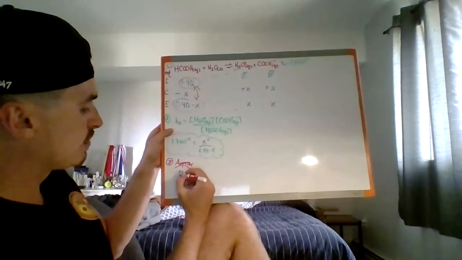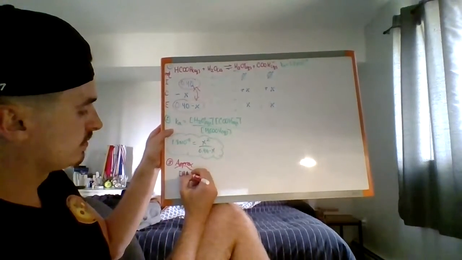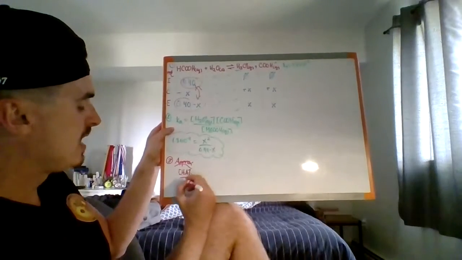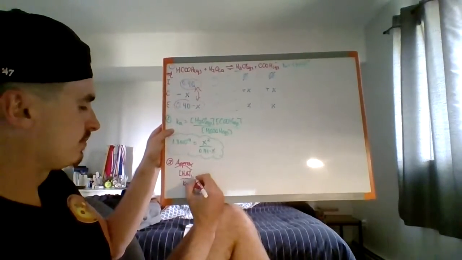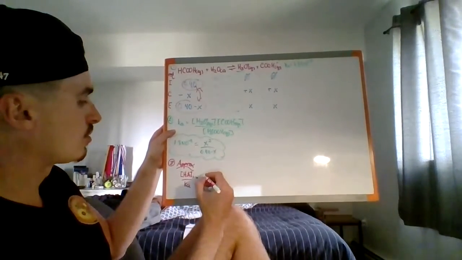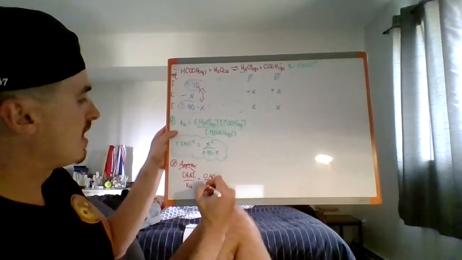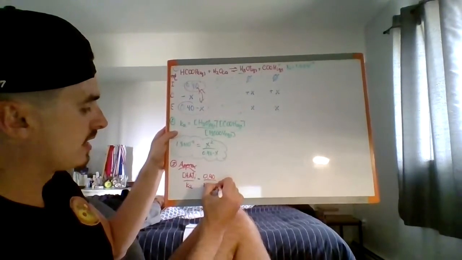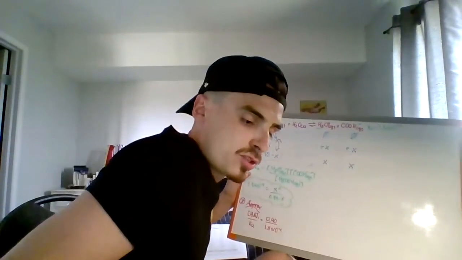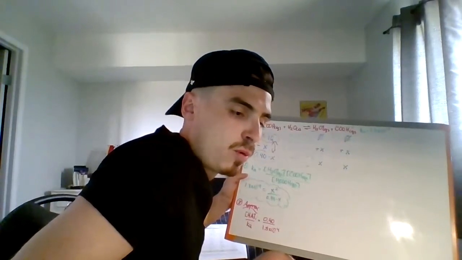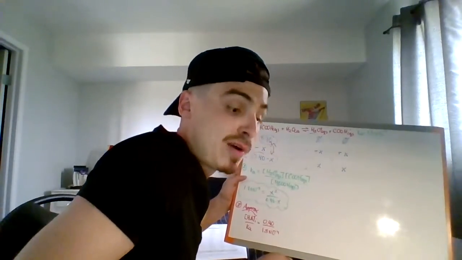So all I'm going to do is take my initial concentration, HA just means acid, and divide by Ka. That's equal to 0.40 divided by 1.8 times 10 to the negative 4. So 0.4 divided by 1.8, don't forget brackets, times 10 to the negative 4.